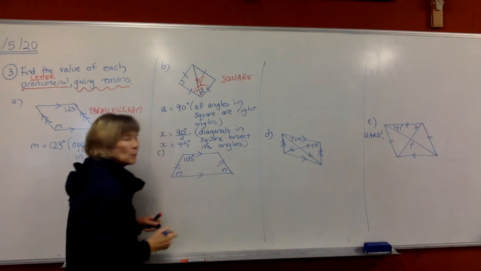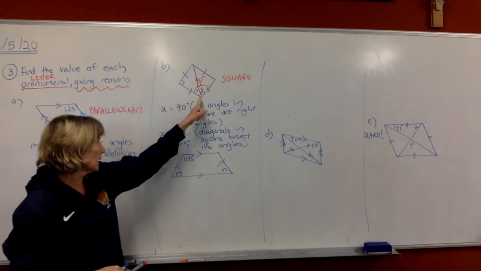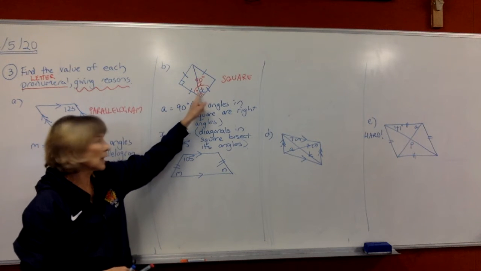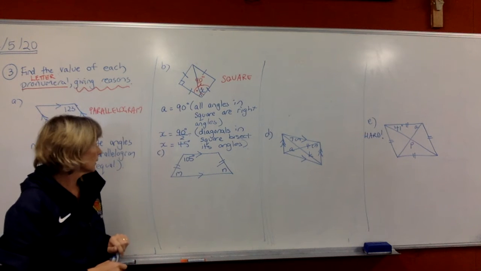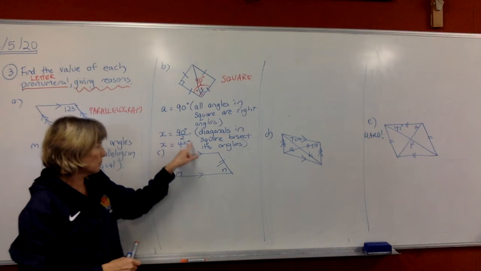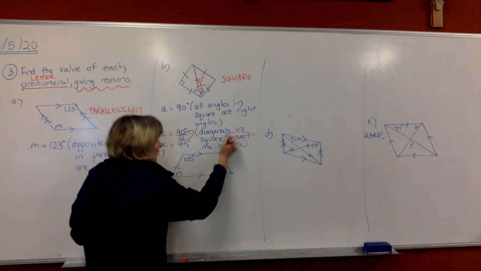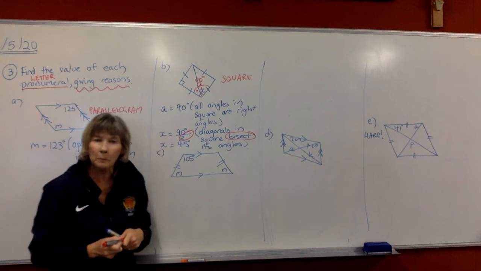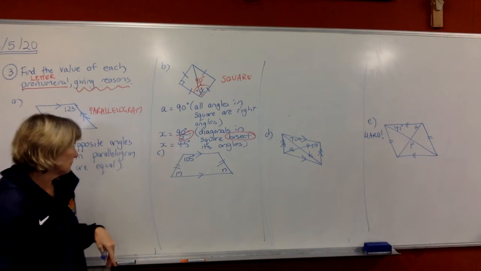You can check the table, we might have had it written down there. So what it means is the diagonal in the square bisects or cuts into 2 equal bits the angle in the square. Okay, so that's why we're able to divide by 2. So you have to explain why you are dividing by 2. Okay, it's really important that you write your reasons down for every step that you do in geometry.